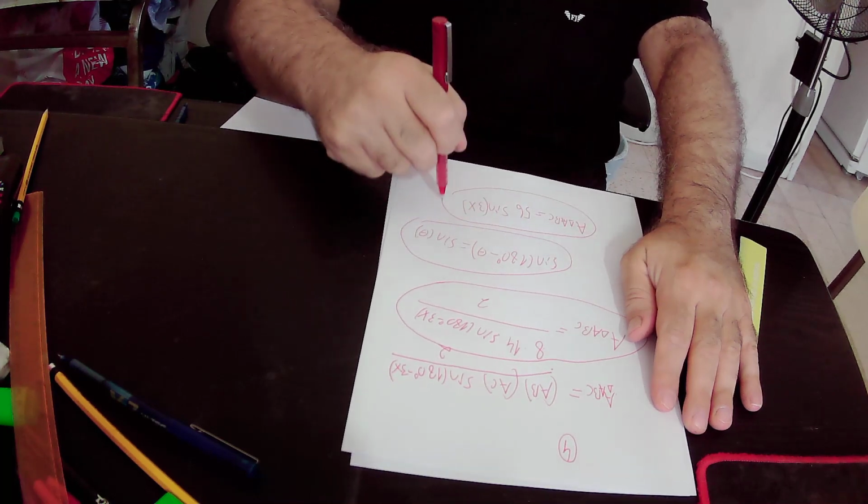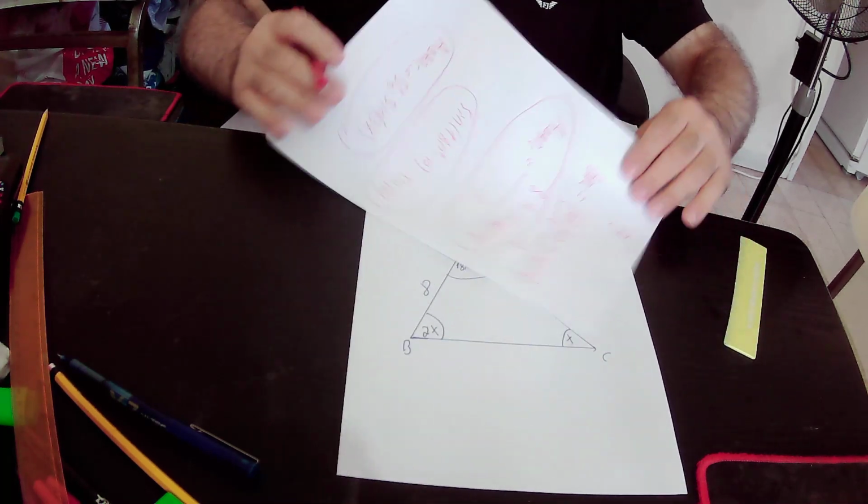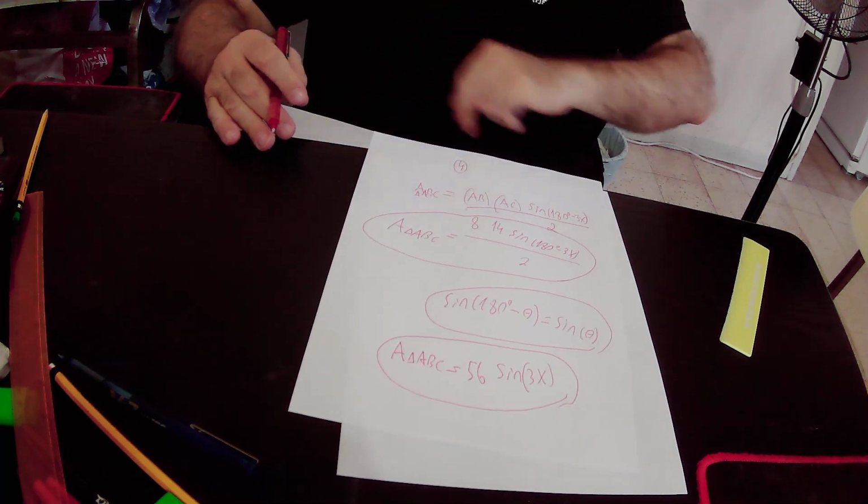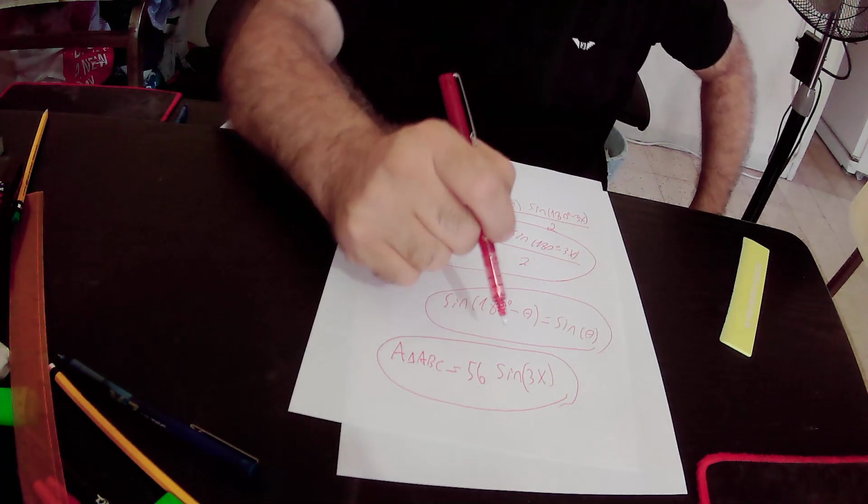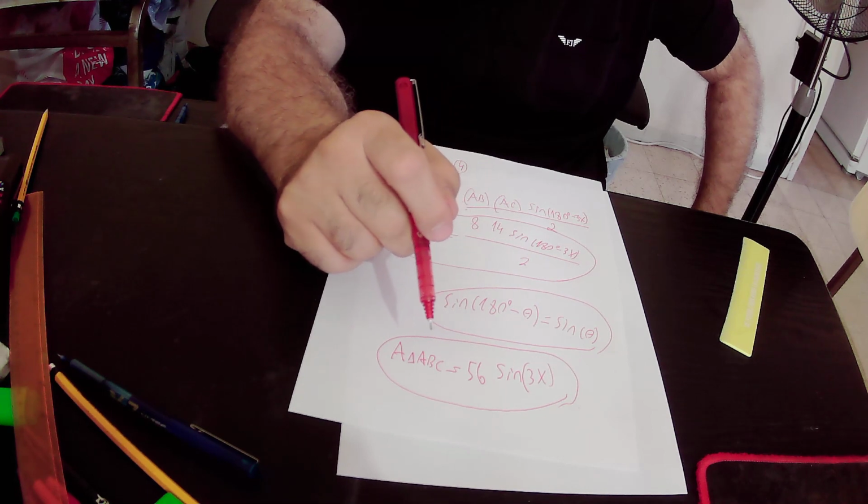Okay, so in total we got that the area of triangle ABC equals 56 times sinus 3x.